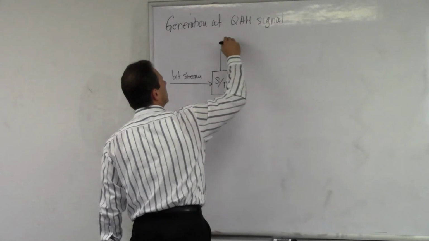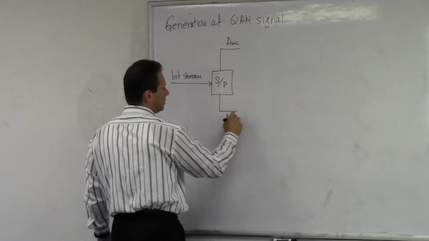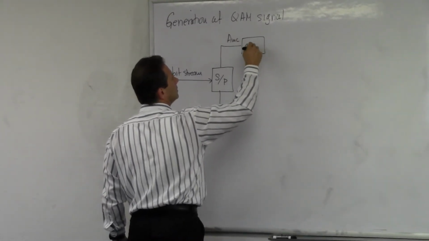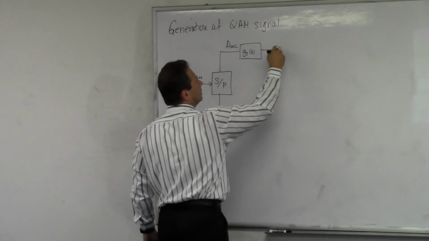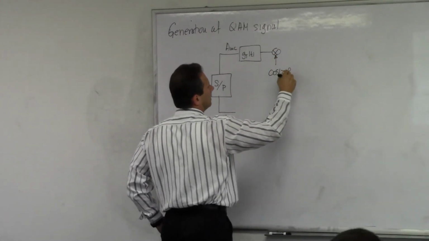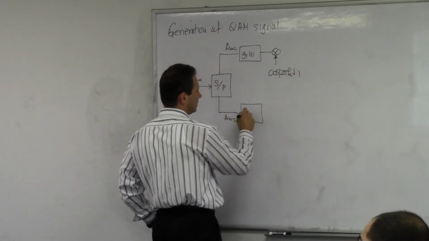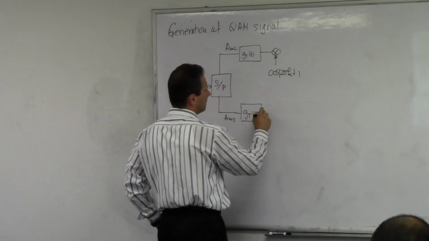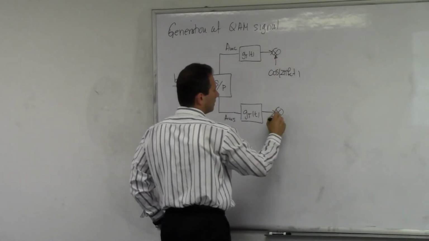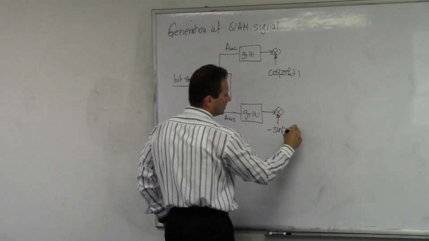It will put AMC on the top branch and AMS on the lower branch, then it goes into g(t), and then into your cosine 2 pi fc t, and here is the same g(t) times minus sine of 2 pi fc t.